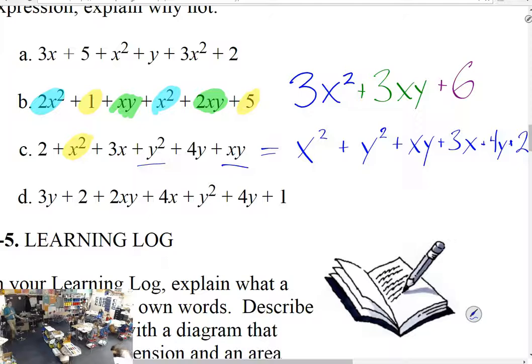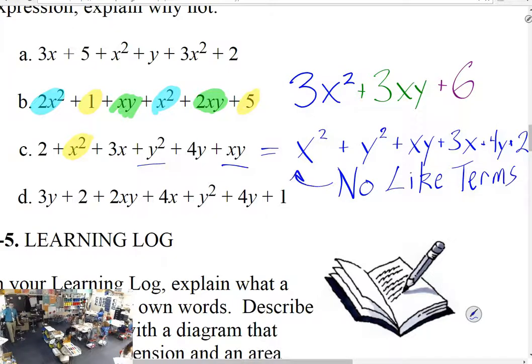So what do we call the things that can add together when we're talking about it algebraically? We said they get along, they cooperate, they can be added together, they enjoy each other's company. Like terms.